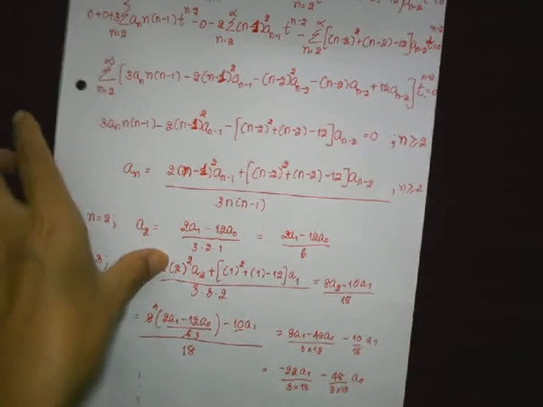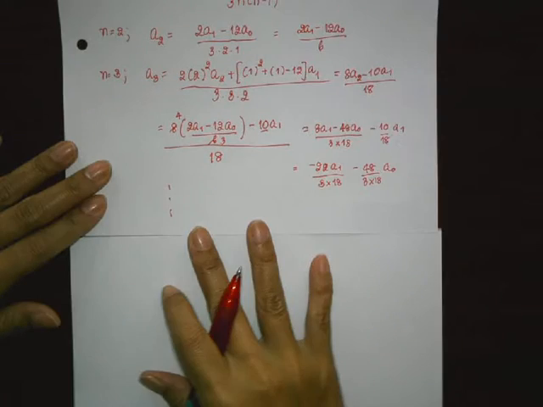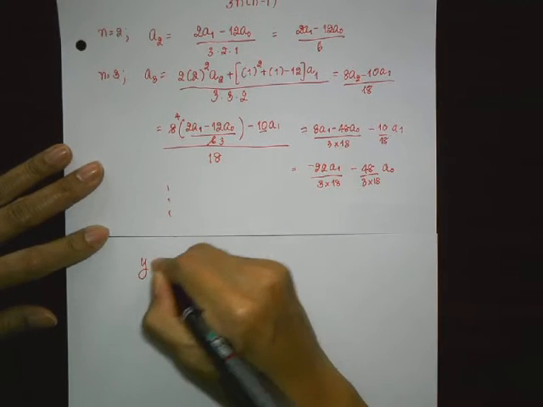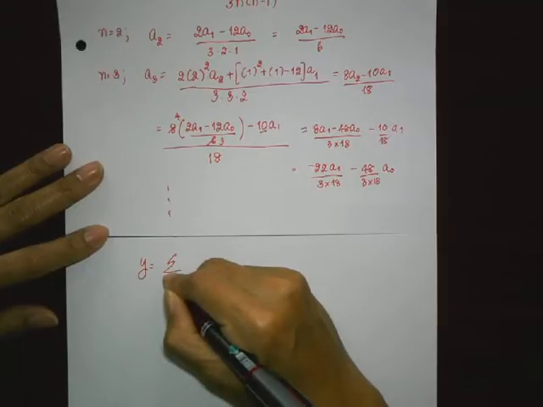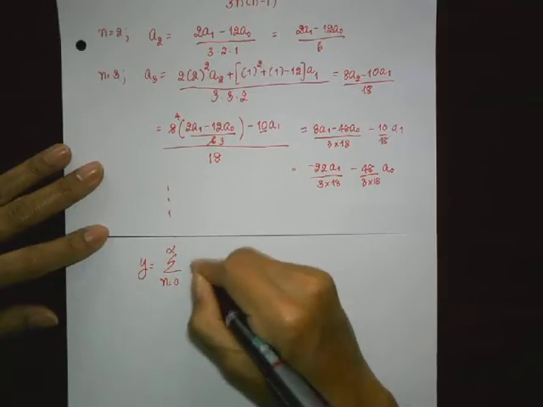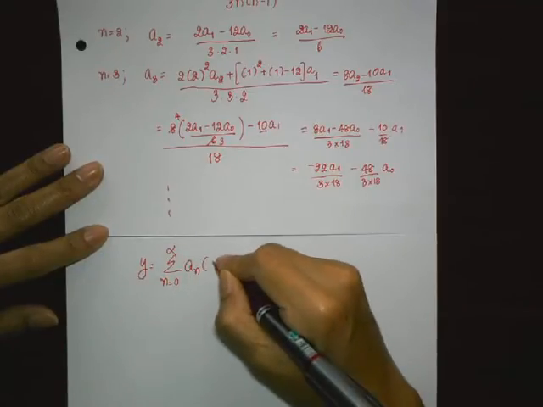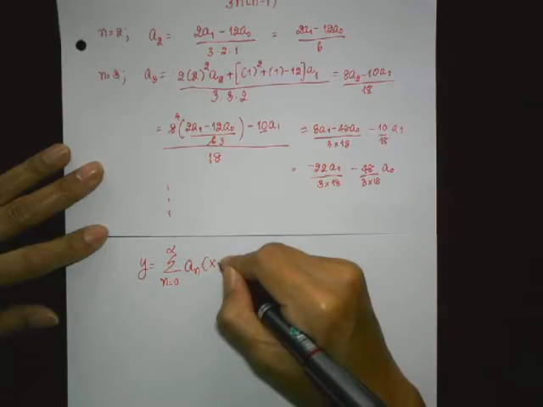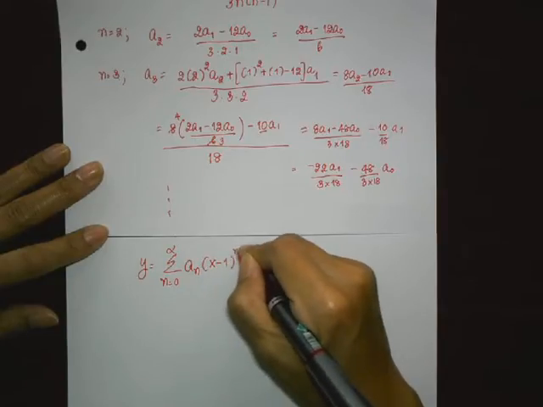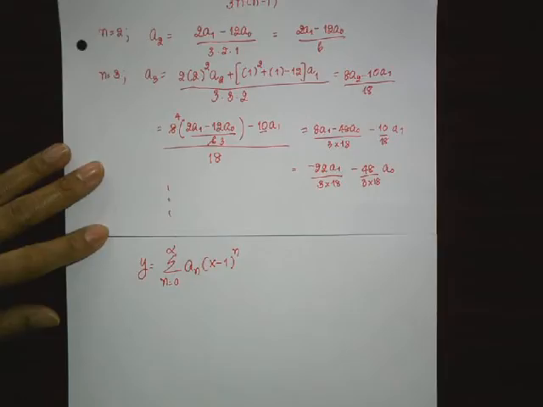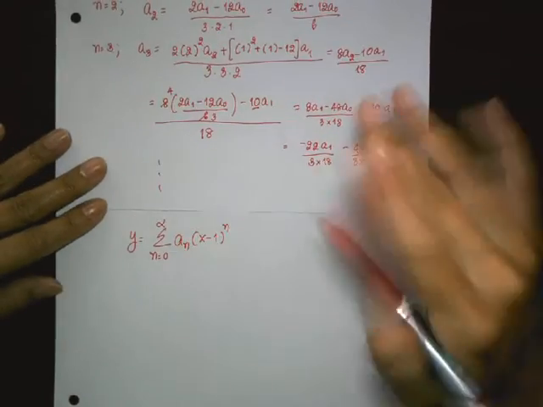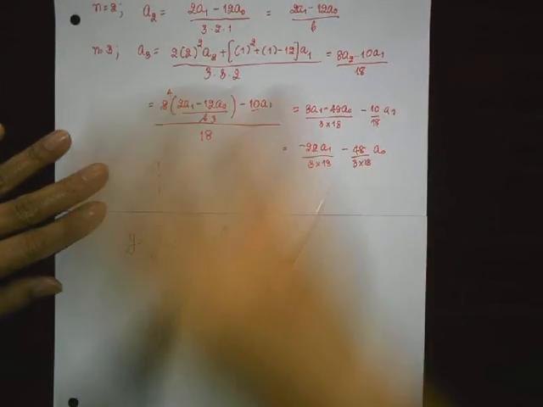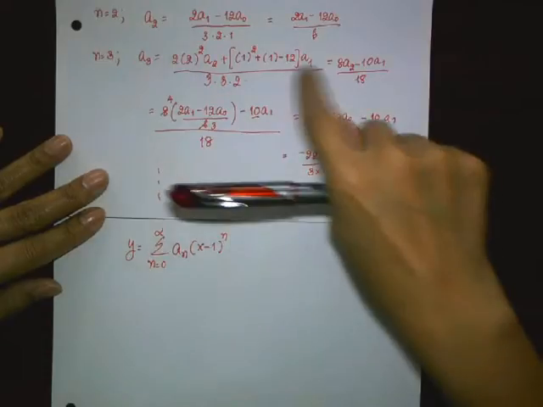Now our solution is that y is equal to summation n equal to 0 to infinity a_n (x minus 1) to the power n, right? Now we don't need to put it in terms of t because we already got the recurrence relation.